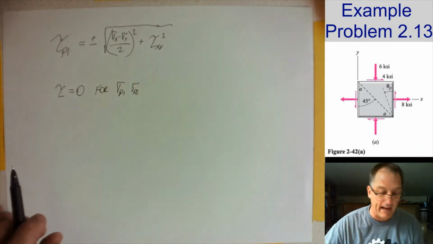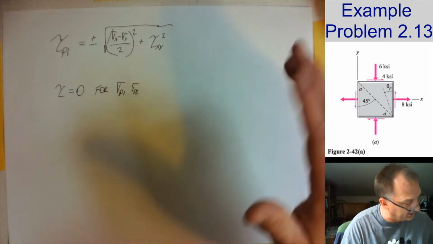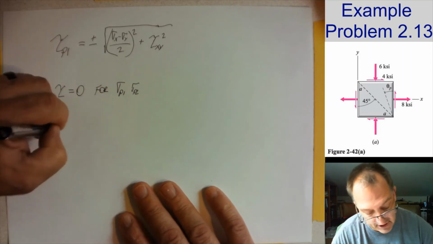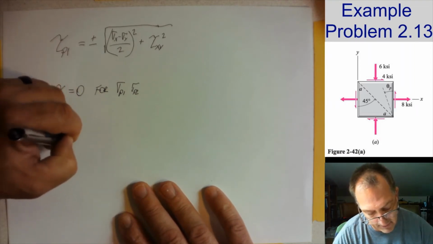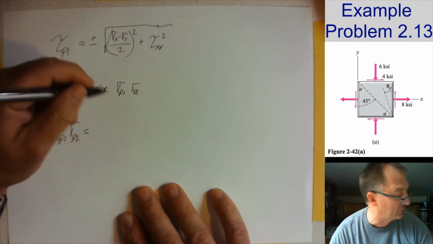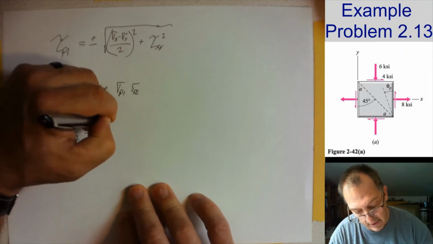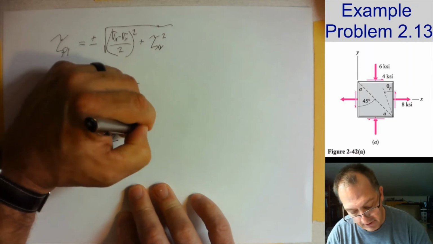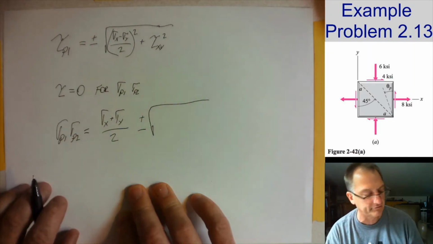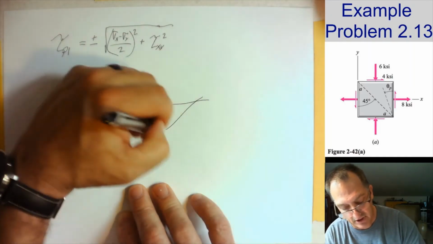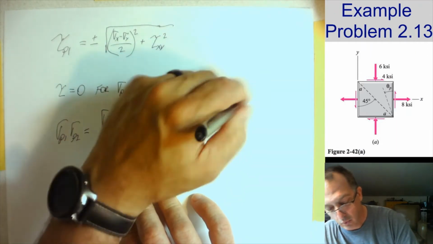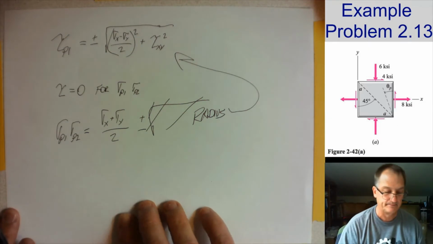So if you go back to your other equation, sigma P1 or sigma P2 is equal to x plus y divided by 2 plus or minus the square root of, remember all that stuff, but this was just the radius, which was given above.